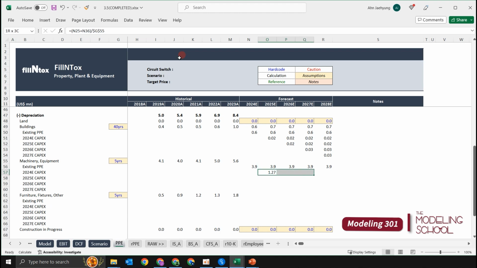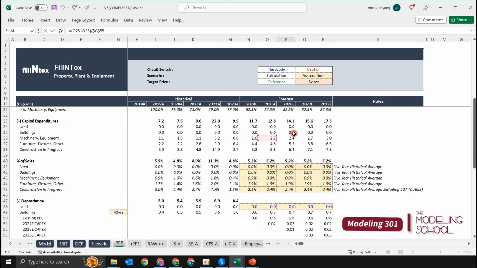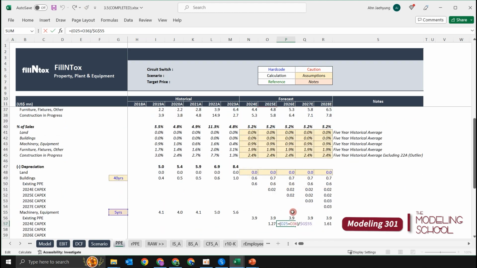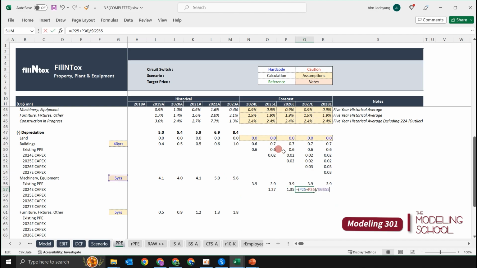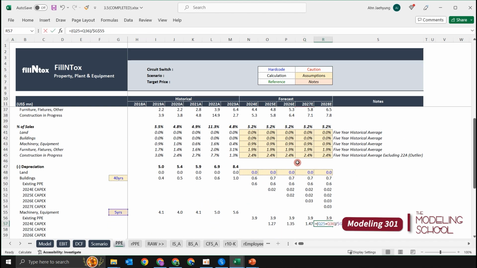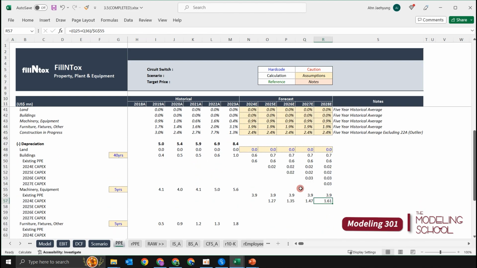And let's simply push it to the right. And what it does is now we have calculated our depreciation amounts for 2025 capex, for 2026 capex, and for 2027. We need these formulas the next year, the next year, and the year after.